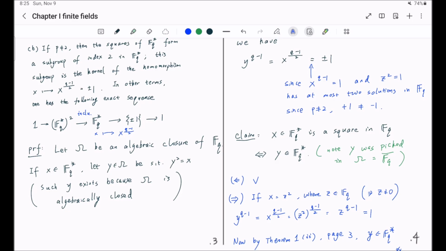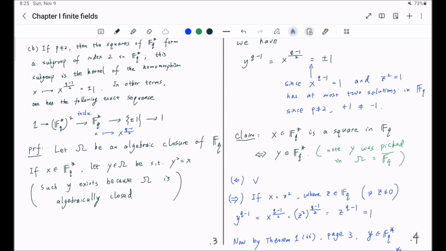And now let us review our proof of part B of our theorem 4. In this proof, we see that x to the power (q minus 1) divided by 2 is equal to plus 1 if and only if y to the q minus 1 is equal to plus 1, where y is the square root of x in omega, where this omega is an algebraic closure of Fq.